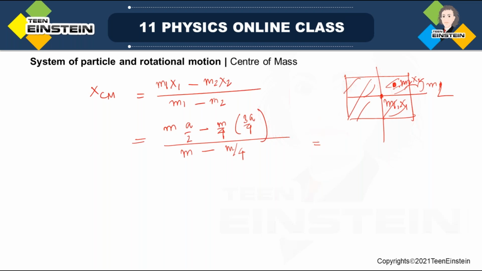If all the lamina were there, the center of mass will be here, so I can treat it as a point mass having the whole mass of the lamina. And this shaded portion has mass M by 4 and can act as a point particle with position coordinate 3a by 4 and 3b by 4.